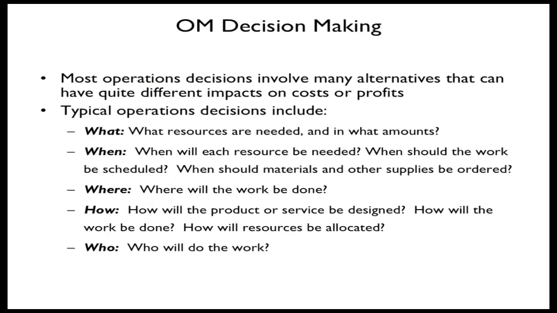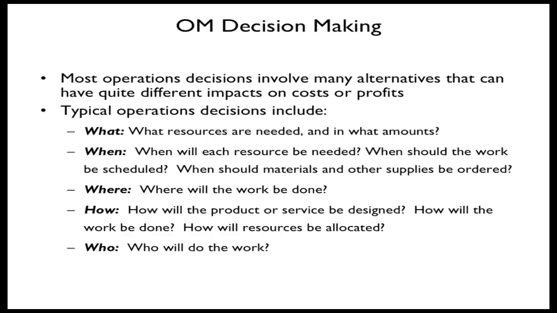So these are the operations management decision-making areas. Most decisions involve alternatives and might have quite different impacts on costs or profits. The typical operations decisions include what, when, where, how, and who. The what: what resources are needed and in what amounts.